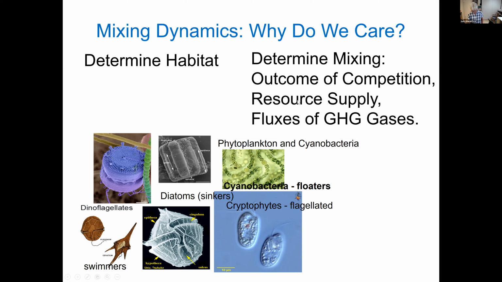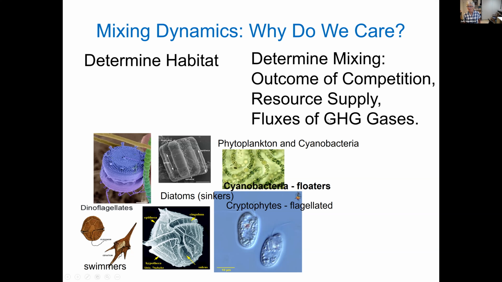Resource supply. Later I'll show you another picture, but most of us already think that the hypolimnion is a source of nutrients. And so if we can mix water from the deeper parts of the lake up into the upper mixed layer, it might initiate a bloom. Now, of course, the same is true if a stream comes in with nutrients. But also, a lot of us are interested in the question of fluxes of greenhouse gases.